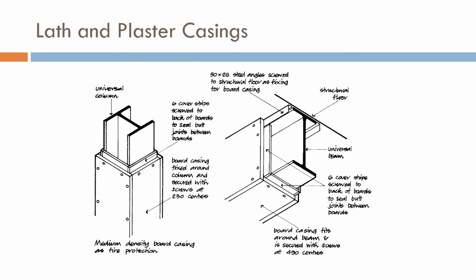Now there is lath and plaster casing. So these are also board casings only, but the material is different. Board casing fixed around column and secured with screws at 230 centers. So there is a certain distance at which the screws are put in, and this is for a column and this is for a beam.